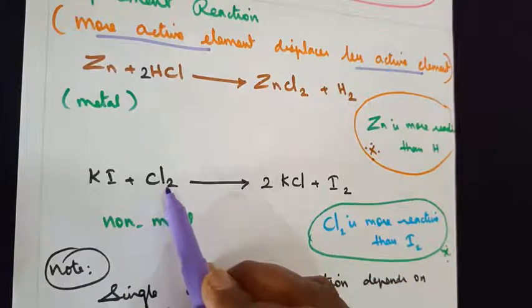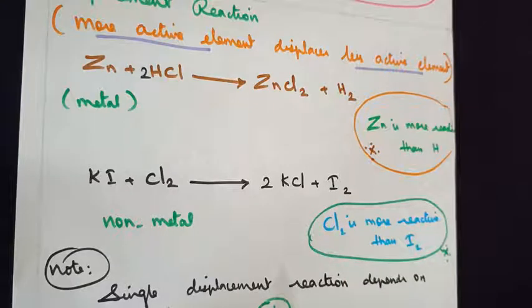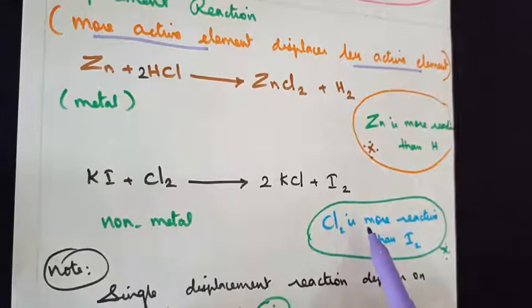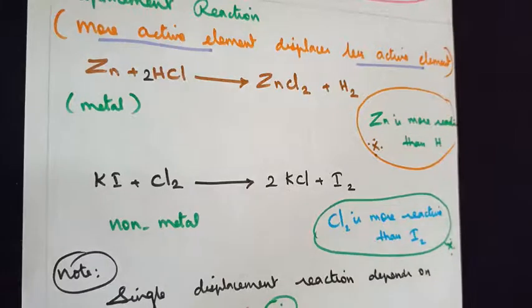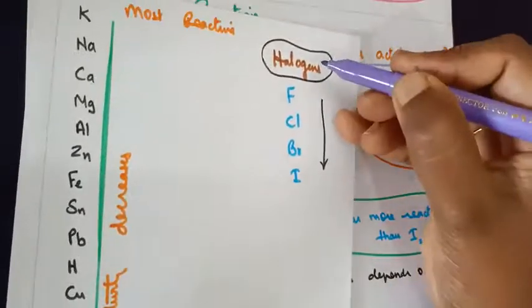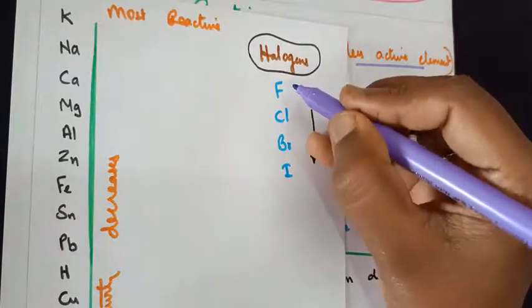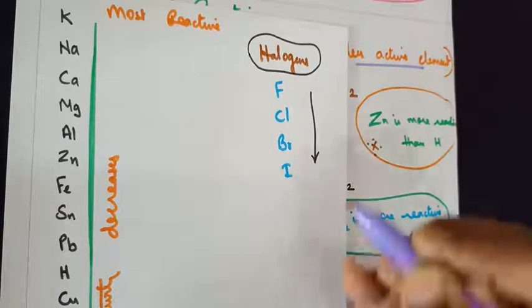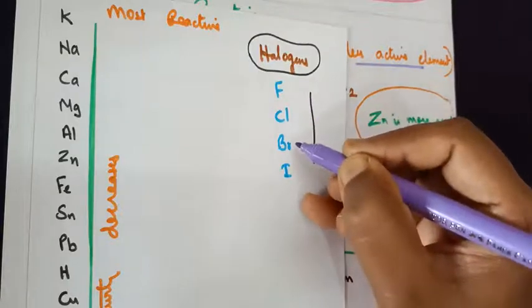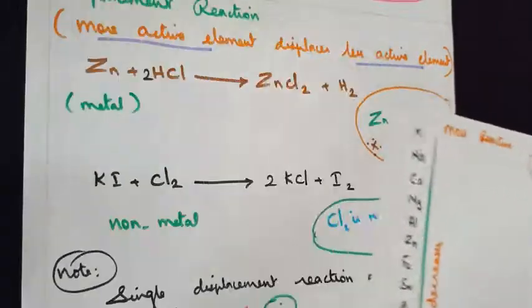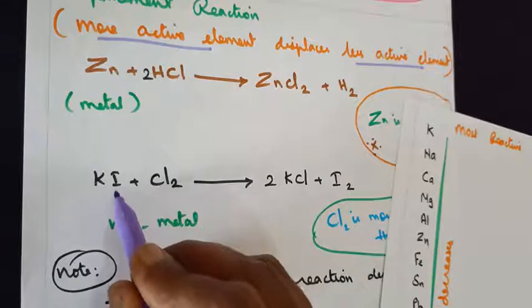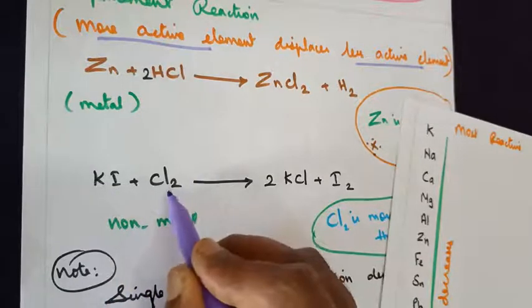Potassium combines with chlorine and iodine is replaced. Now what's the point I have written? Chlorine is more reactive than iodine. For halogens also a reactivity series is present. Fluorine is highly reactive. Then comes chlorine followed by bromine and iodine. So what are the two halogens we've got? Iodine is a halogen.